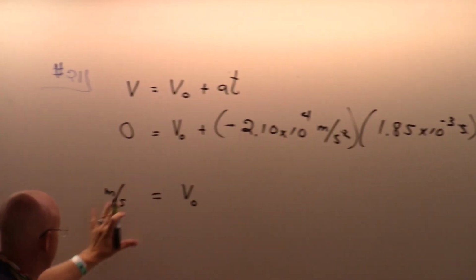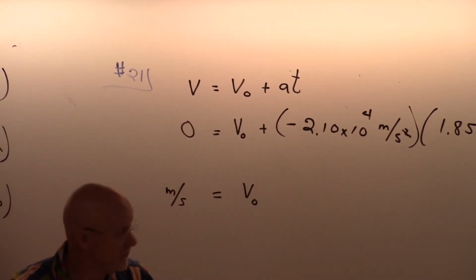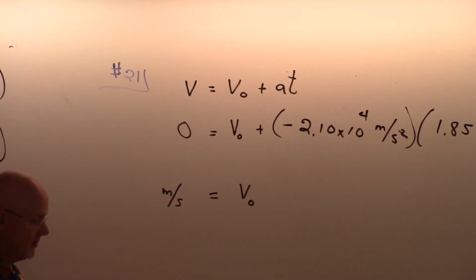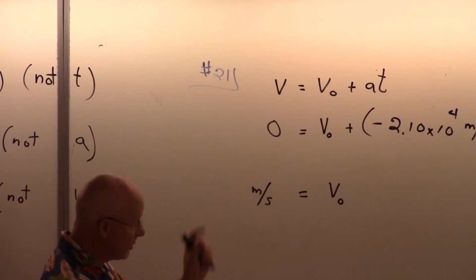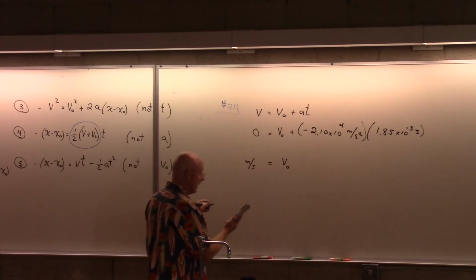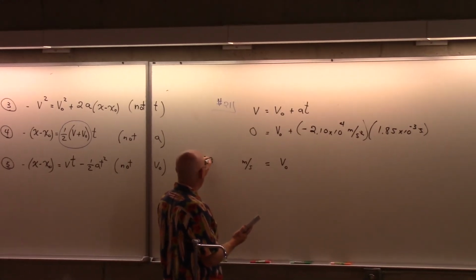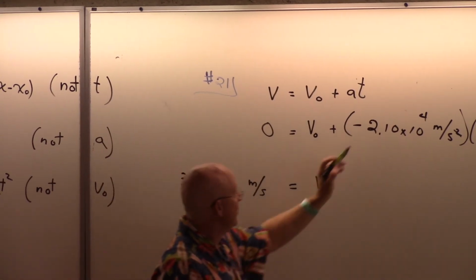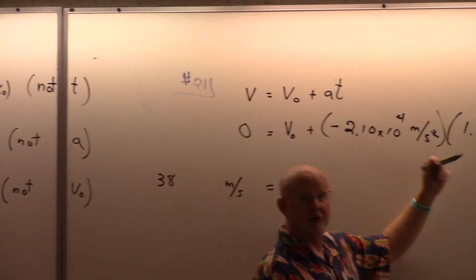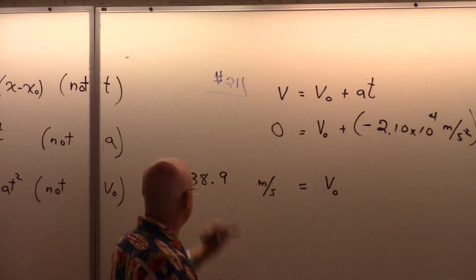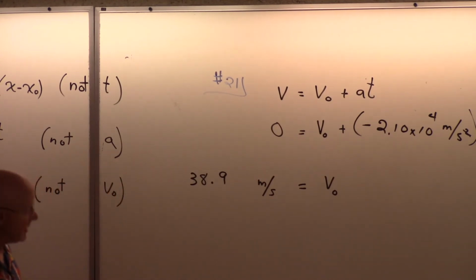The negative will now become a positive. And so now I can take the 2.1 times 10 to the 4 and multiply it by the 1.85 times 10 to the negative 3 and come up with 38, and let's do our significant figures. 3 here, 3 here, should be 3 in the answer. And so that will round up to a 9, and 38.9 meters per second would be final speed.